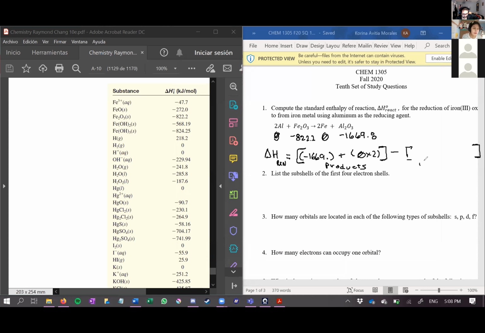What about the reactants? 0 plus negative 822.2. Okay. So what is our enthalpy of reaction, guys?